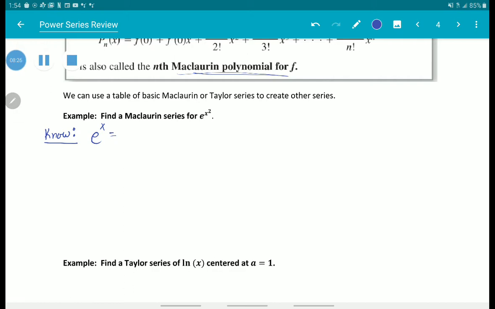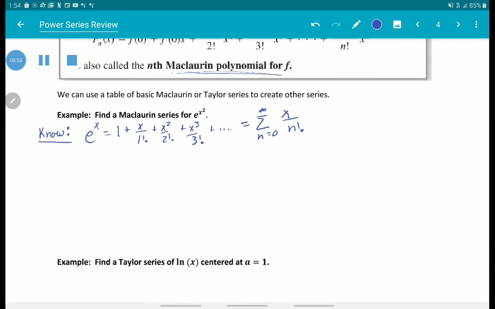E to the x, we had 1 plus x over 1 factorial plus x squared over 2 factorial, x cubed over 3 factorial. And we can write that concisely as this. And that guy's an exponent.